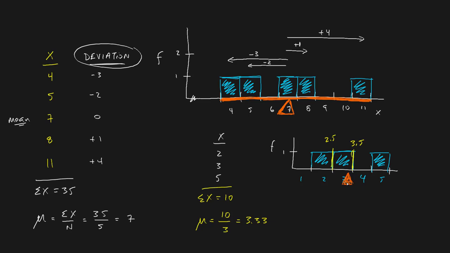Now the one thing you really don't need to be doing in statistics when you're trying to do a proper analysis is guessing visually at things. So what I'm doing here by guessing where the balance point is is not going to be useful to you in the future.